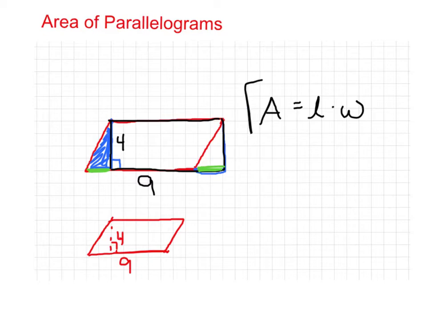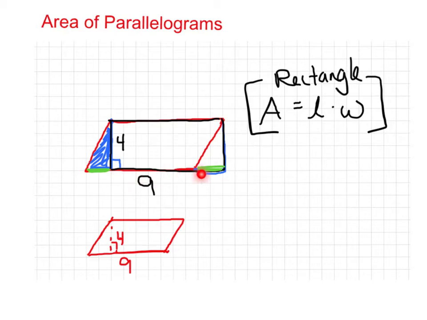This is for a rectangle. For a parallelogram, since we don't talk about length and width, but instead we talk about our base and our height, we say that the area of a parallelogram is going to be given by the base times the height. And this carries over to triangles as well.